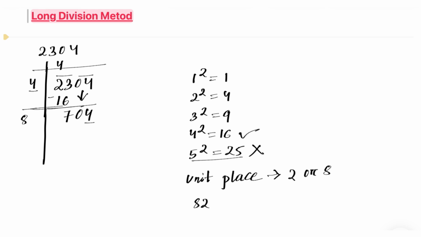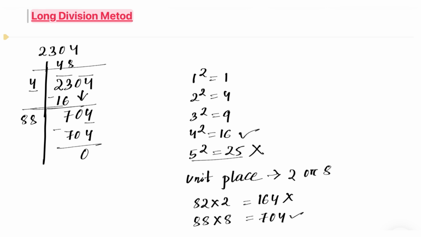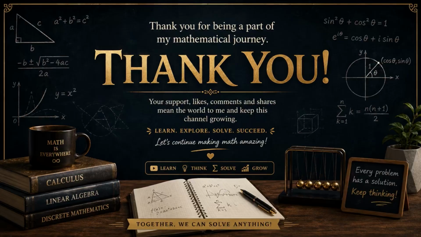Now we'll check. 82 into 2 is 164. 88 into 8 is 704. So we will take 88 into 8. That is 704. And if we do so, our quotient is 48. We can say the square root of 2304 is 48.